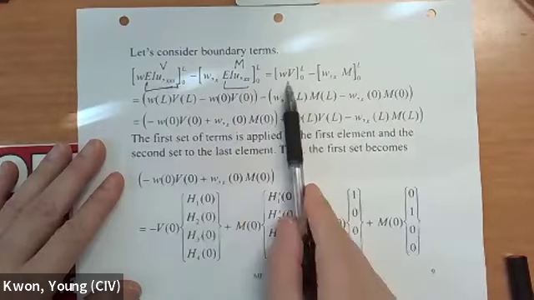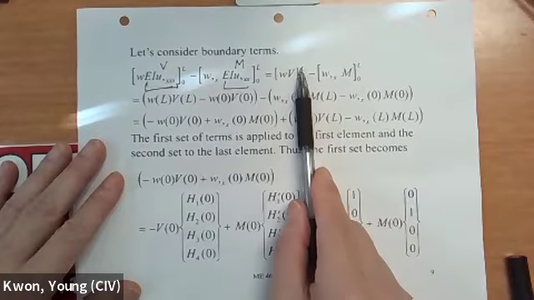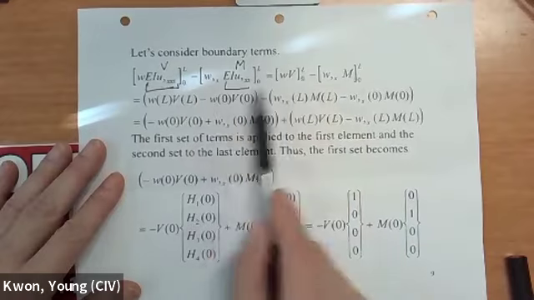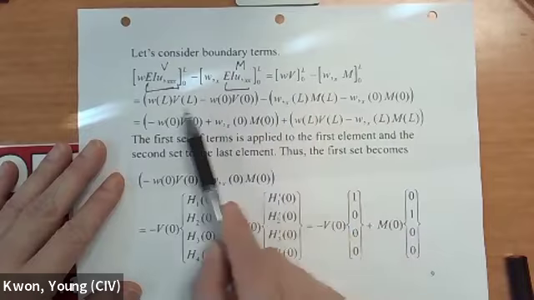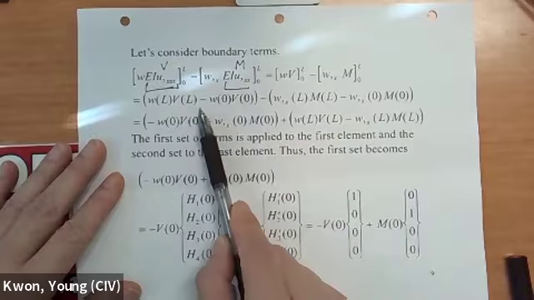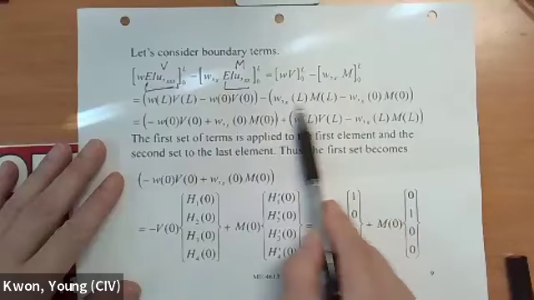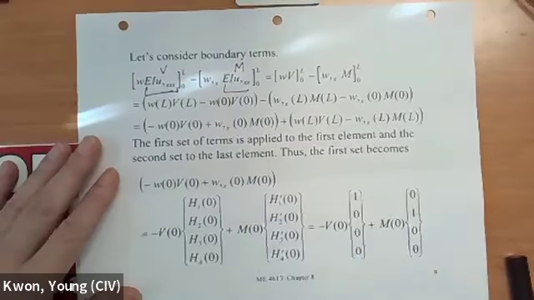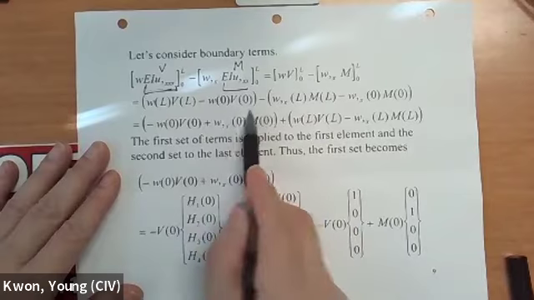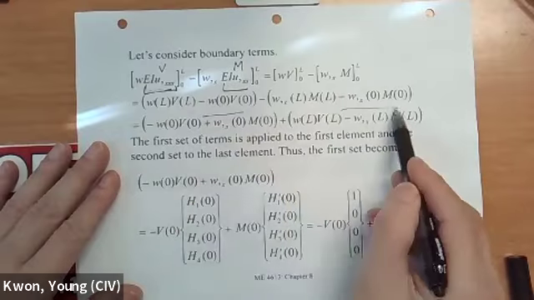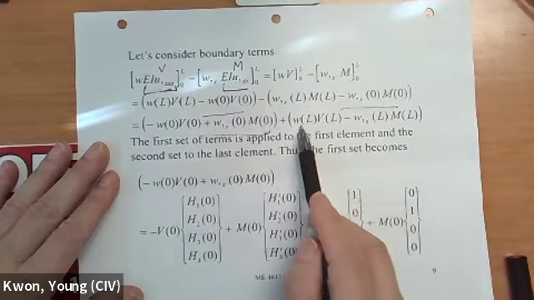So you replace this one by shear force, this one by moment, and then evaluate at the right minus evaluate at the left. That's the meaning of this symbol: upper minus lower integral limit. Now you put the left side evaluation terms together, and the right side evaluation terms together.